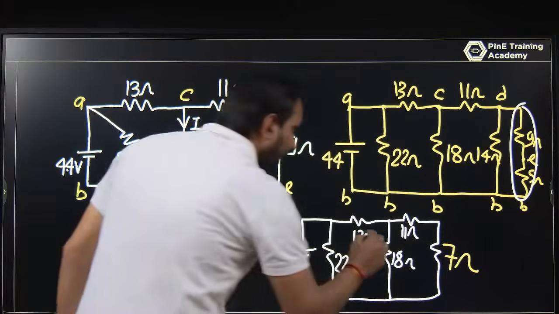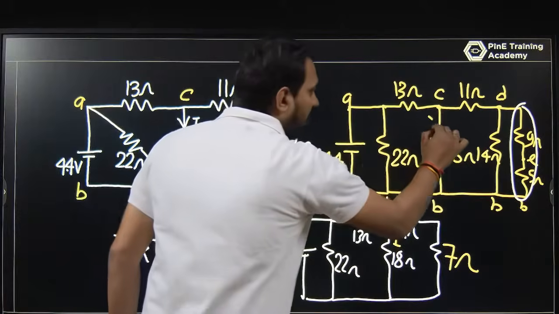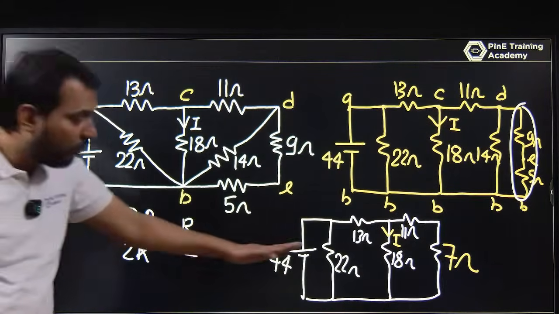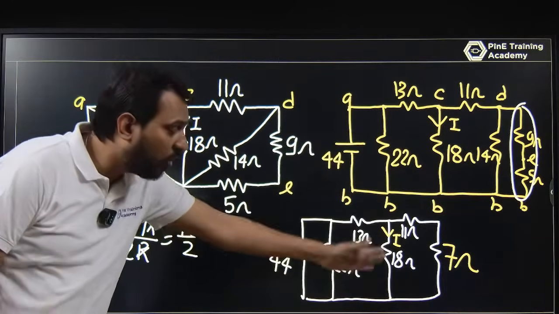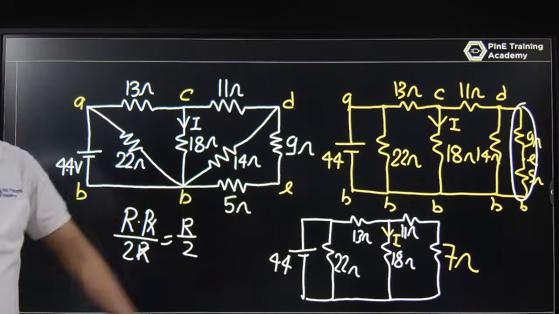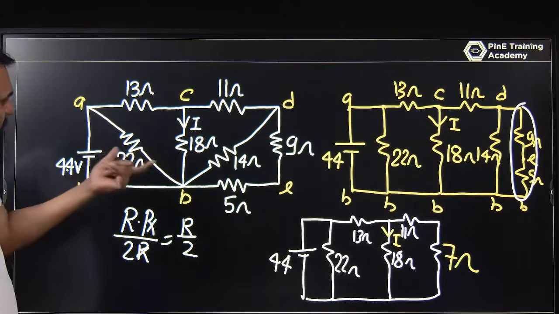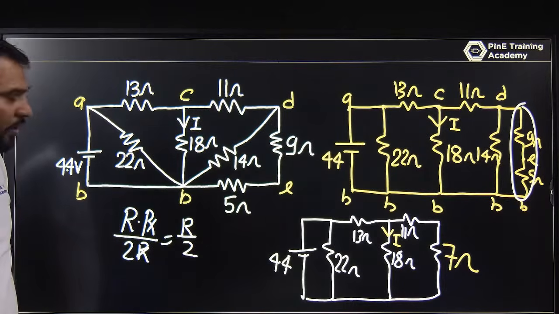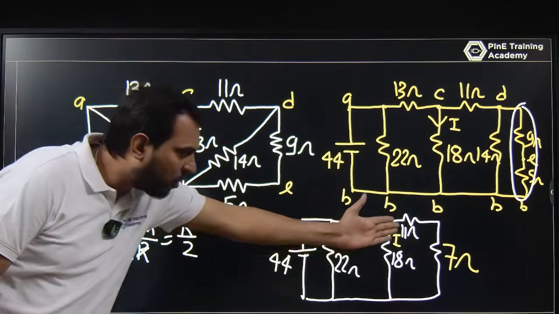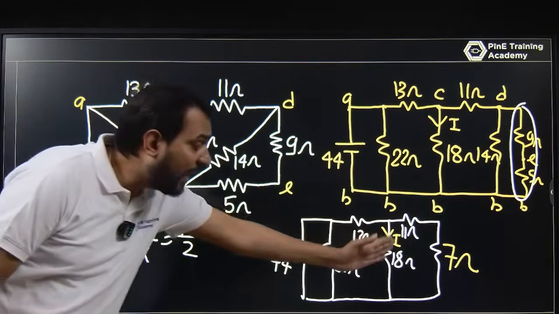You are determining the current I here, the current through the 18 ohm. So of course we are focusing on the current through 18 ohm. Before that we solve it, because once you solve that part, it becomes simple. Here it is very difficult to see where we are trying to determine. So just solve in a simple way: this is 11 ohm, this is 7 ohm, 11 and 7 are in series, so it becomes 18 ohm.